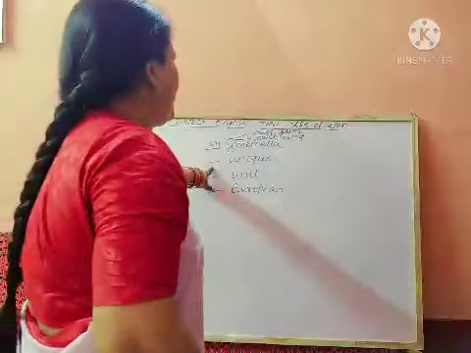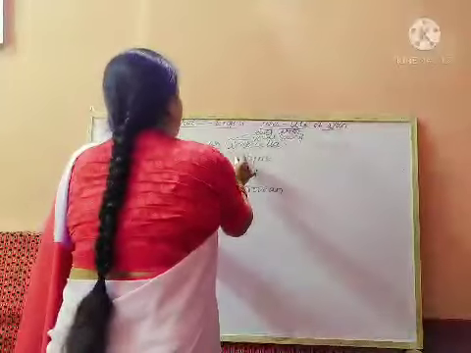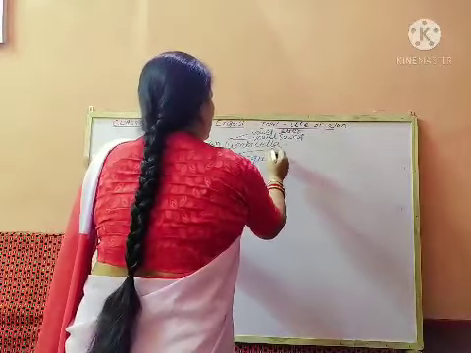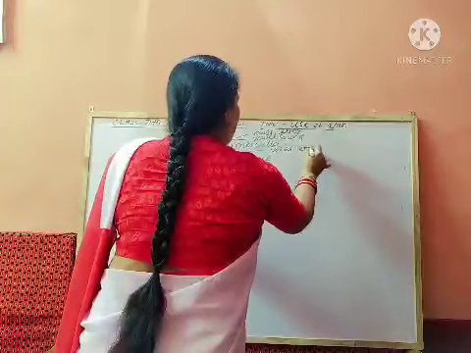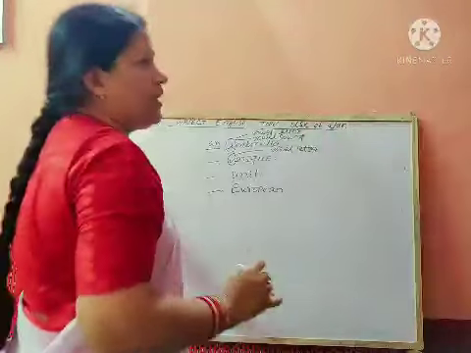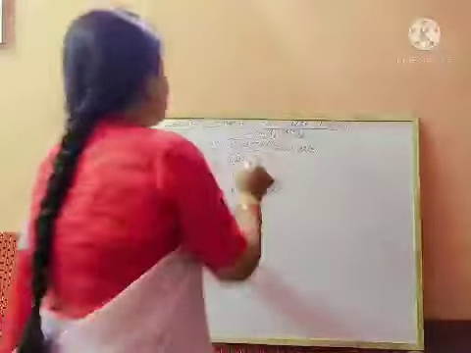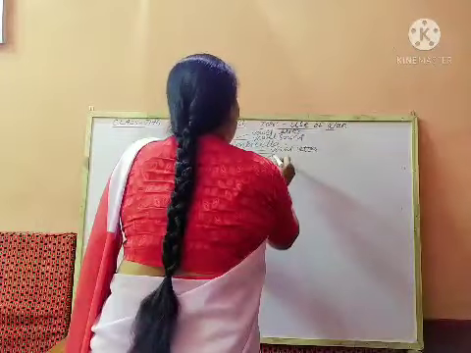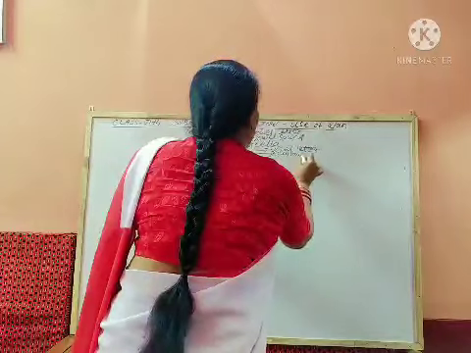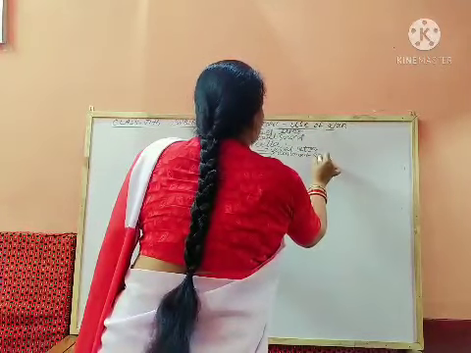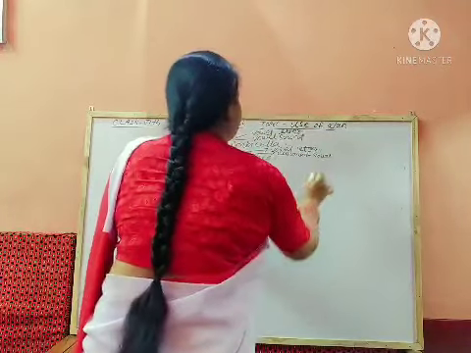Next, unique. U is the vowel letter, but the sound is "yu", a consonant sound.